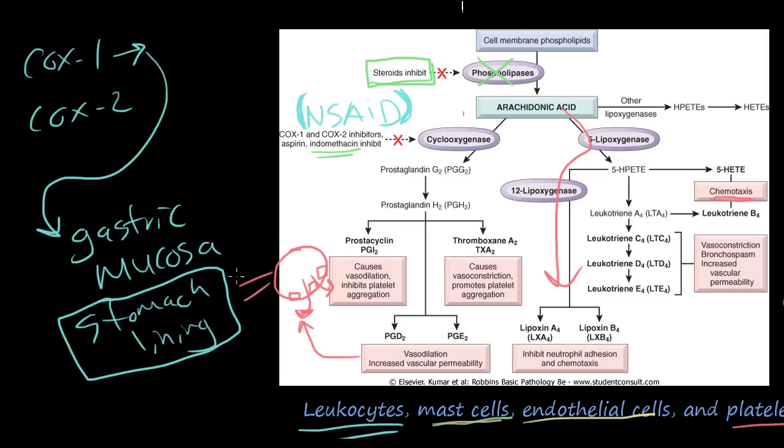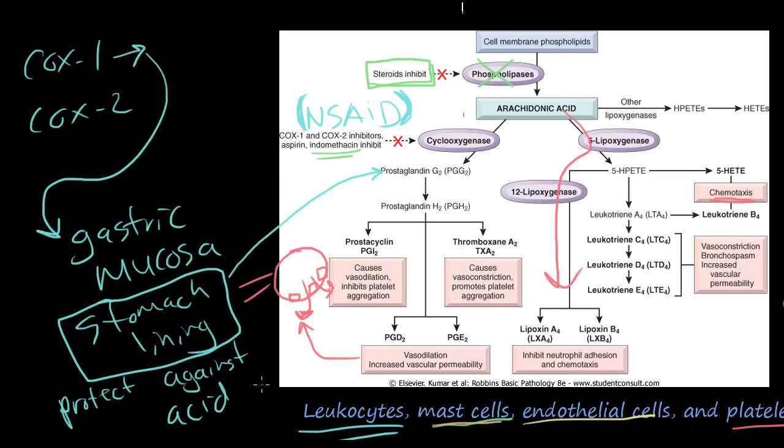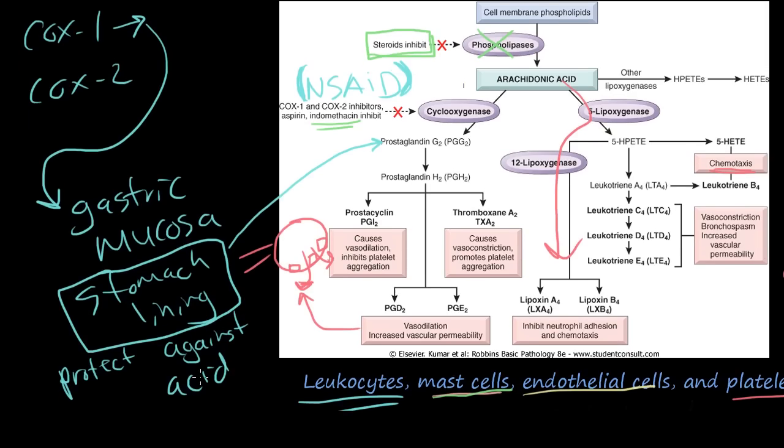These prostaglandins protect against your stomach acid, because your stomach acid is very, very acidic, and it needs to be to kill any bacteria in your food and to break down the food that we eat and everything. But these gastric mucosa cells, the stomach lining, produce prostaglandins that protect against the acid.